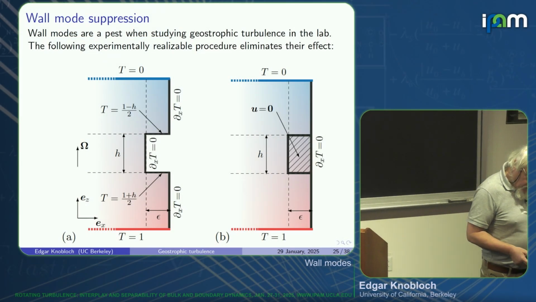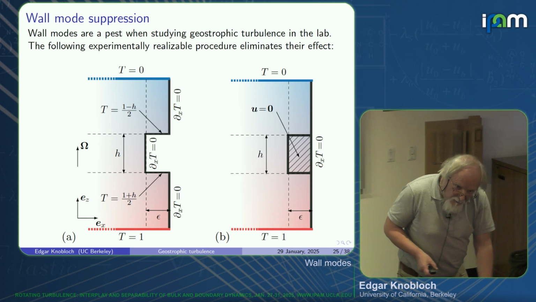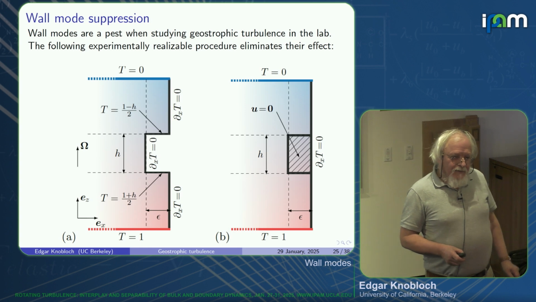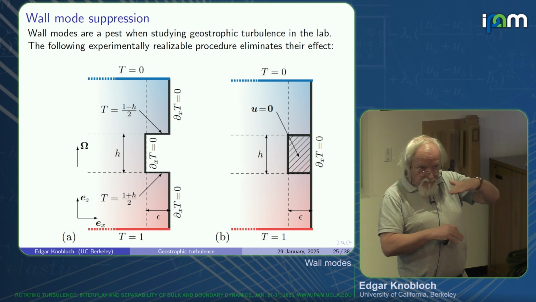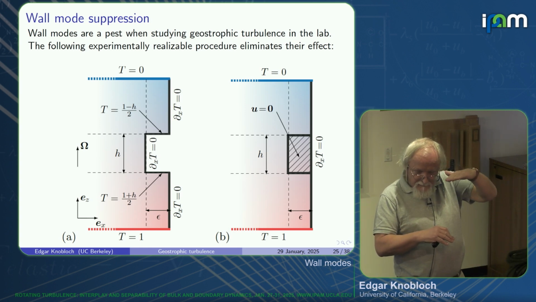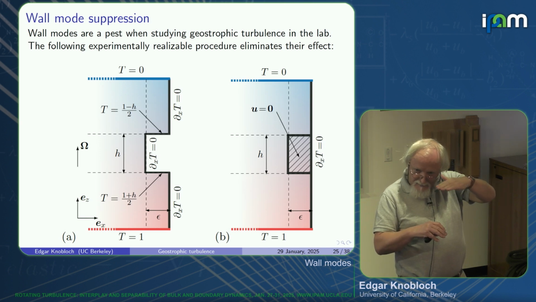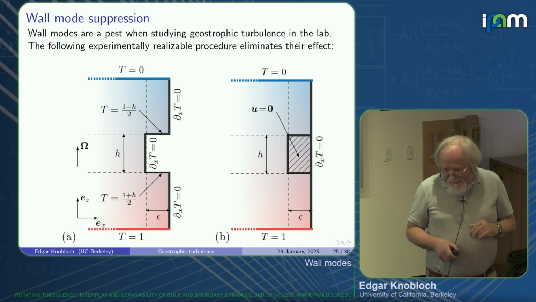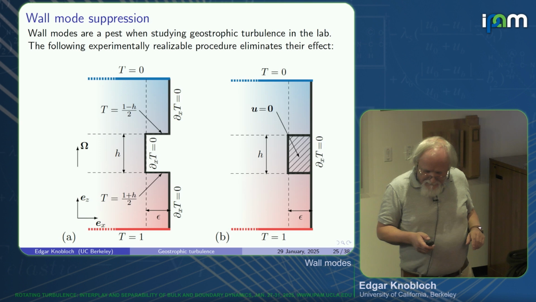And so we thought, obviously putting in a vertical barrier doesn't do any good because the mode just goes round, right? So what about putting horizontal barriers to suppress the wall mode? Because the wall modes extend over the whole depth, and so maybe if you try to squeeze them too much, they're going to be unhappy, right, and go away or something.